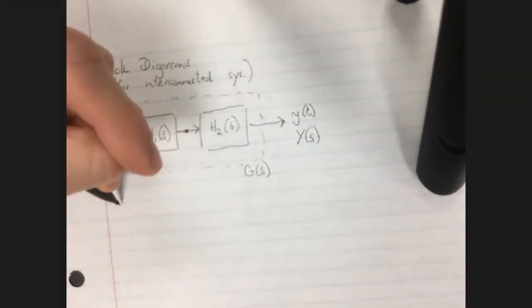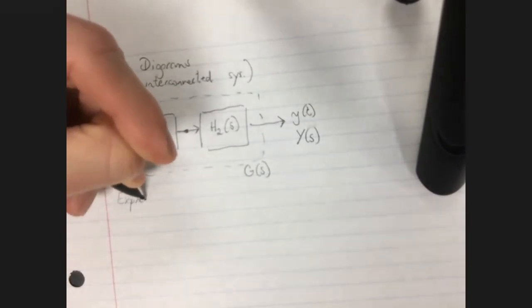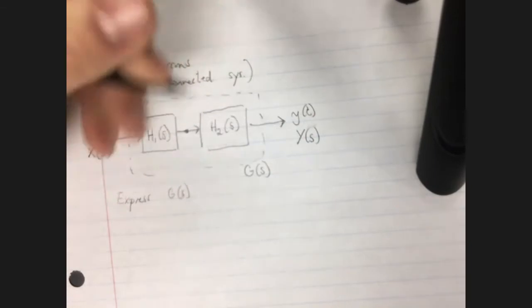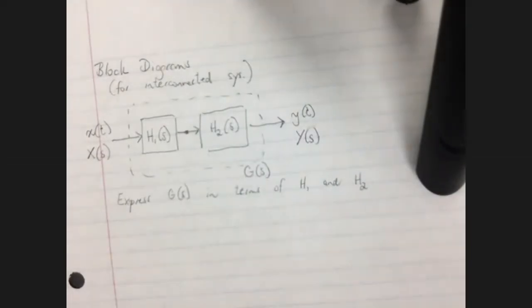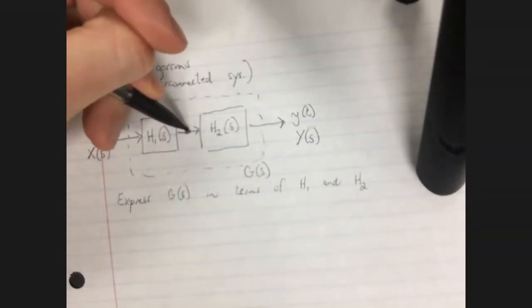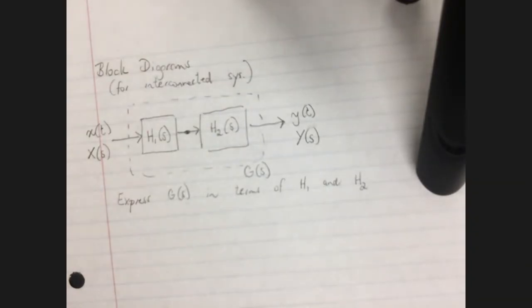What I would like you to do is to express G of s, the overall system, in terms of H1 and H2. So basically, we want to combine those two blocks into one. Try that out.